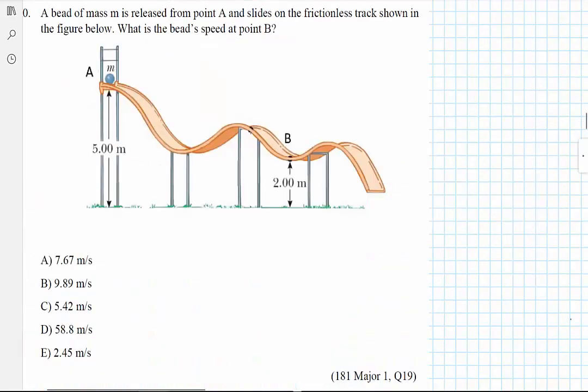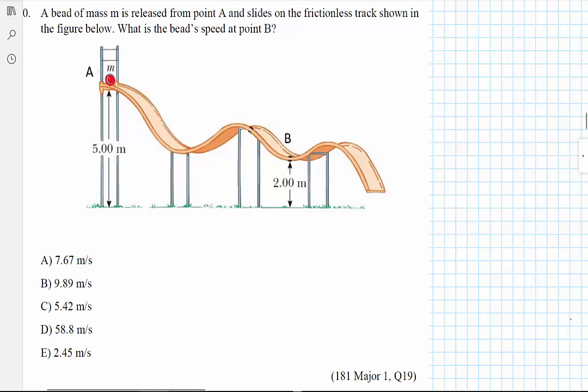So the bead of a mass m is released from point A and slides on a frictionless track shown in the figure below. What is the bead's speed at point B? So this is a pretty straightforward problem on the conservation of mechanical energy.